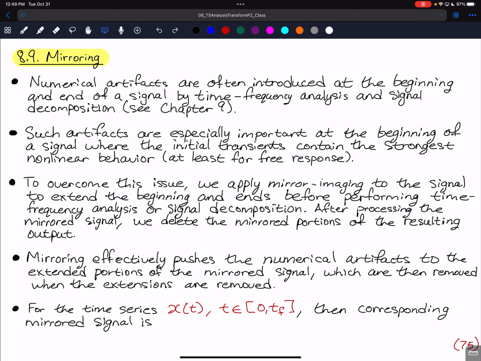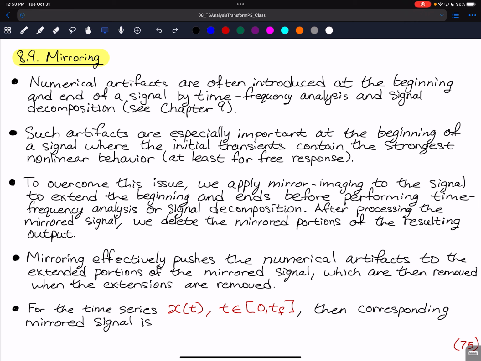It's quite common for numerical artifacts or errors to be introduced when we're doing a time frequency analysis or signal decomposition, as we'll see on Thursday and next week. This often happens just due to the processing of the signal, and they particularly will show up at the beginning and at the end of a signal as well, which we then call end effects.